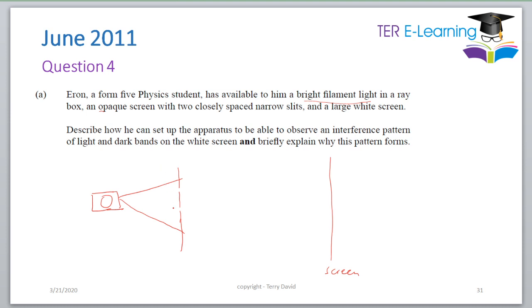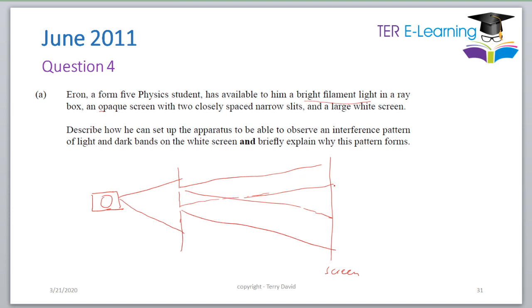Right? What you're going to have here is, right, I kind of drew the screen a little too far apart there, but that's okay.